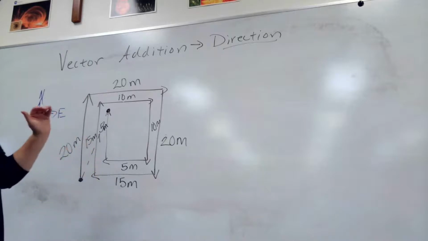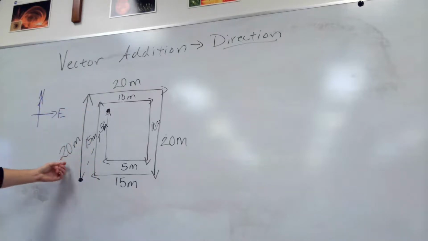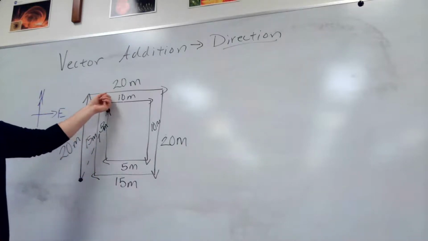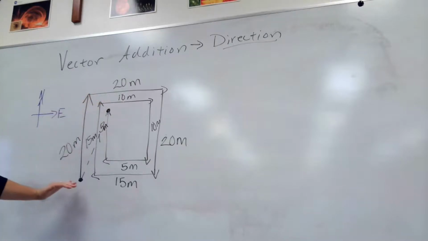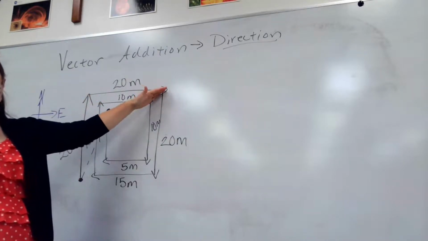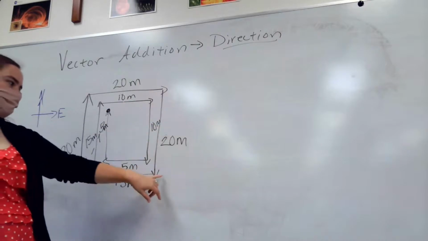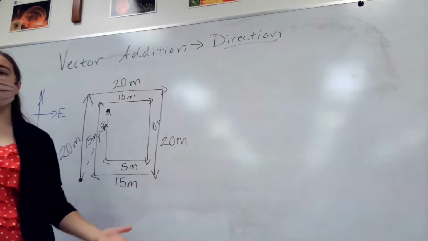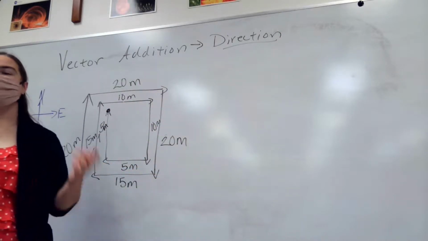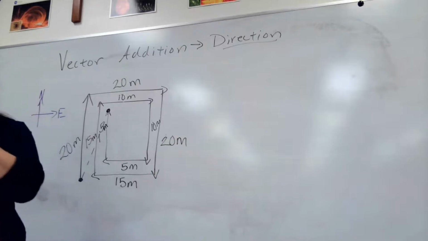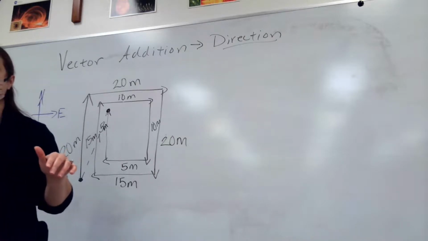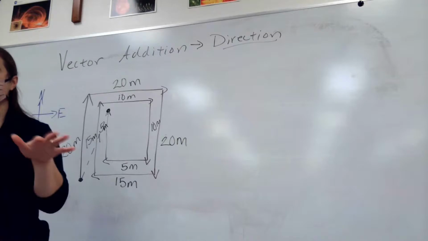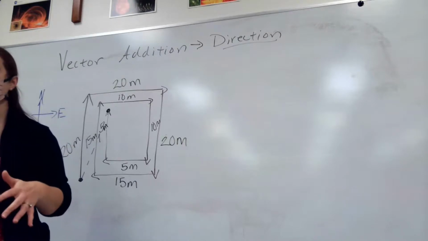So, we would then have to use Pythagorean theorem to add these two. And then we would get a vector that would go this way. Then we'd have to use maybe like law of cosines to add it to this one. And it would be a huge mess, right? Luckily, order does not matter. Okay? So you do not have to worry about order at all.